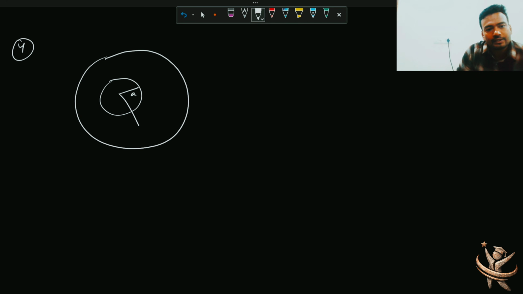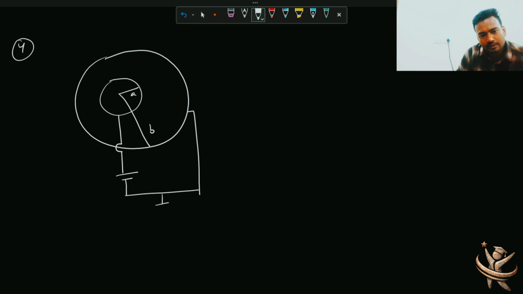So this is radius A, radius B. Now this one you are connecting to a cell or battery, and the outer one you have also connected here. Then this is grounded. Now see, this is somehow matching your standard figure where the outer sphere is grounded. The outer sphere is already grounded here, right?